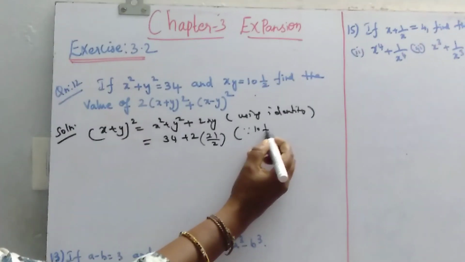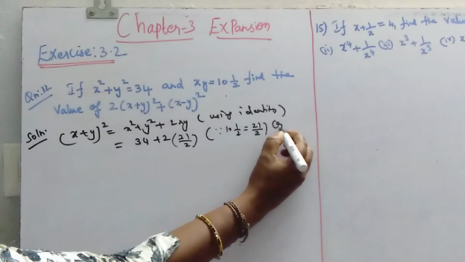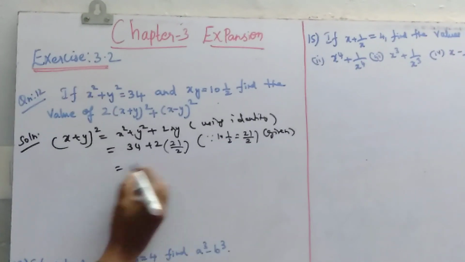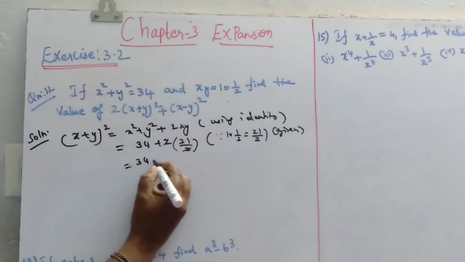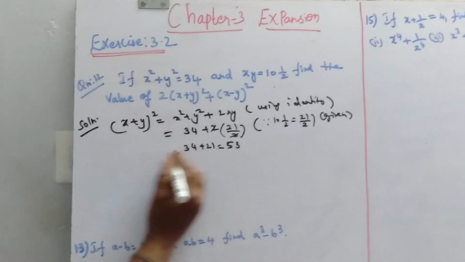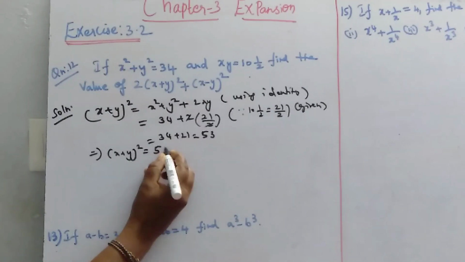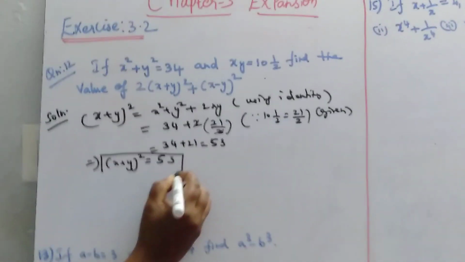Since 10 1 by 2 equal to 21 by 2, right? Given. Okay, 2 will get cancelled. 34 plus 21 here is 53 is the solution for this subdivision, which implies x plus y the whole square equals 53.